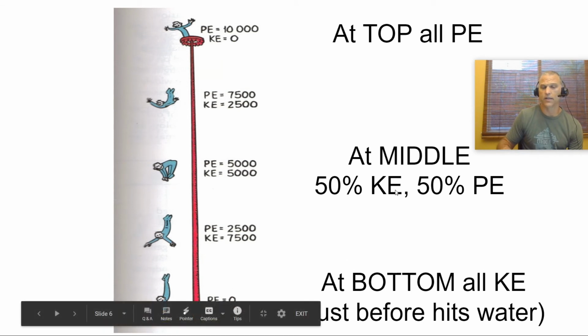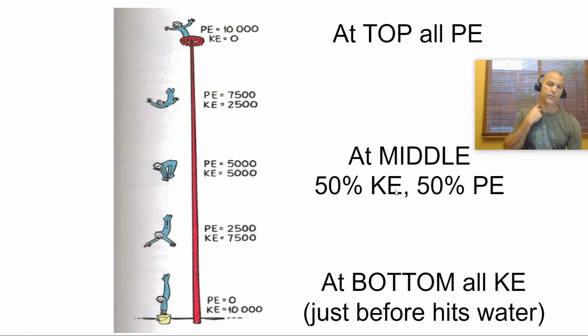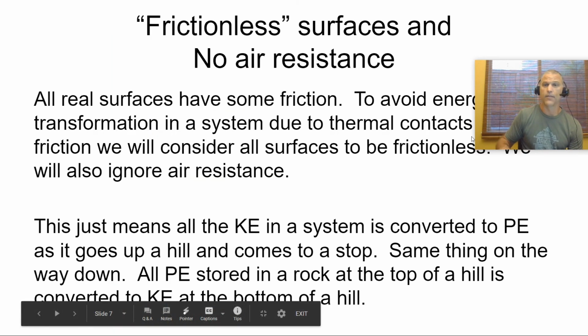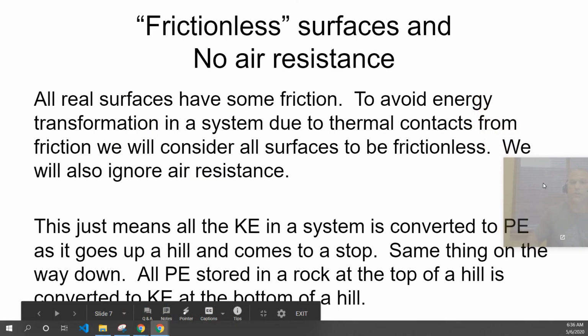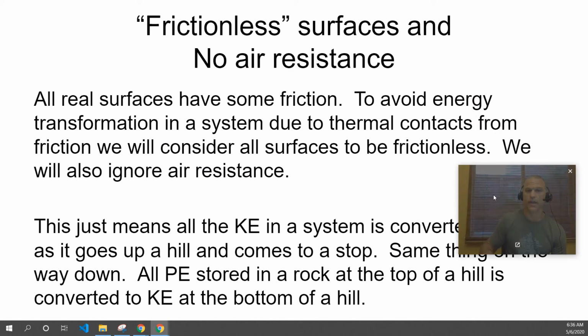Once he hits the water, or if you jump into a pool, your kinetic energy will be transformed into sound, into moving the water, into other forms, but those are harder to track mathematically. One thing you might notice is we're not including the effects of air resistance or friction on a surface.